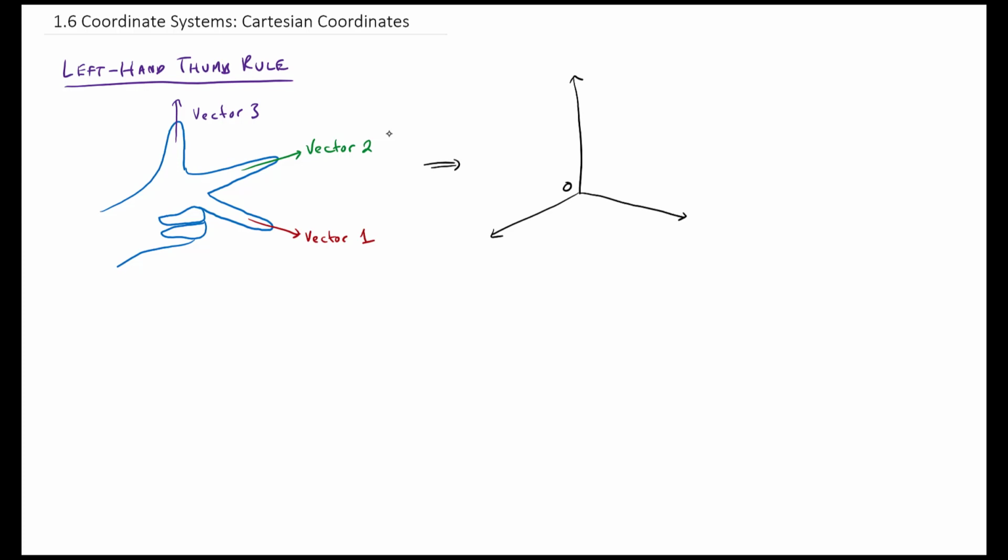We have an origin point. We have vector 1, vector 2, and vector 3. So in most cases, you're going to be seeing, for example, in the Cartesian coordinate system, x, y, and z represented in that order and configuration.